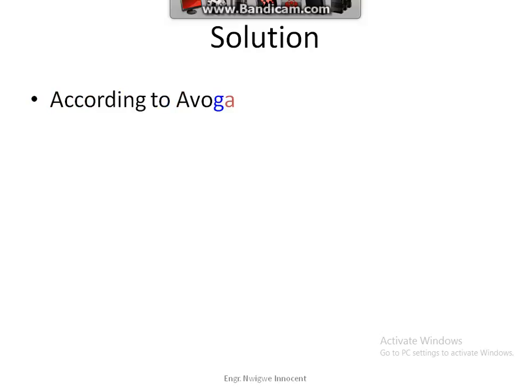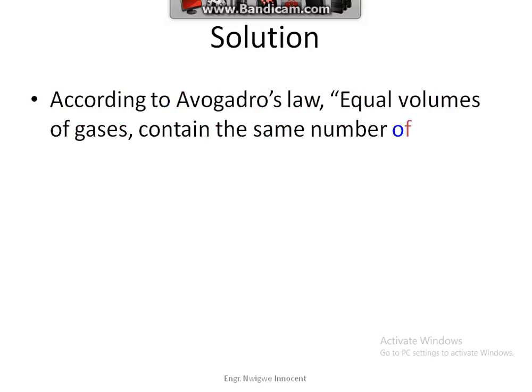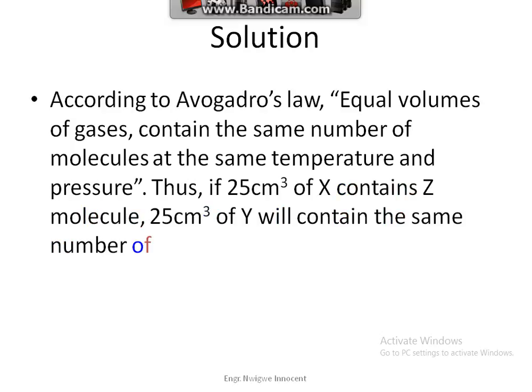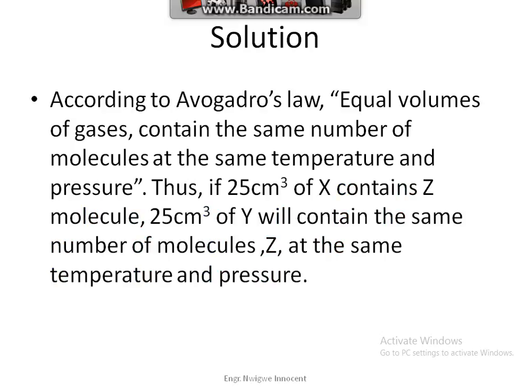According to Avogadro's law, equal volumes of gases contain the same number of molecules at the same temperature and pressure. Thus, if 25 cm³ of S contains Z molecules, 25 cm³ of Y will contain the same number of molecules, Z, at the same temperature and pressure. Therefore, the answer is D.